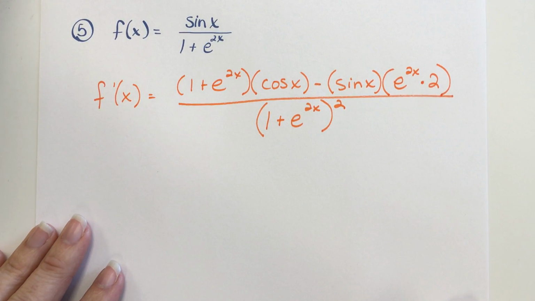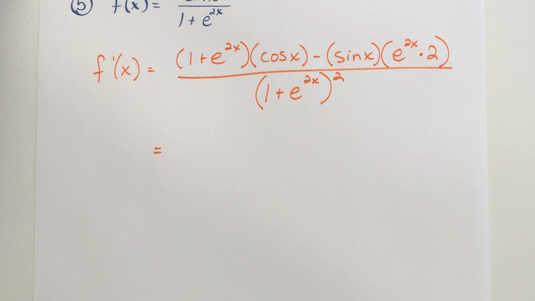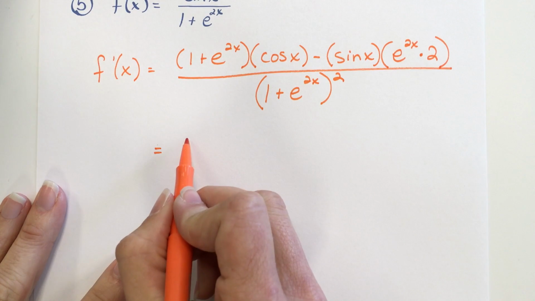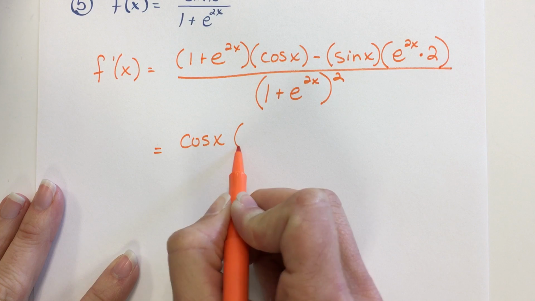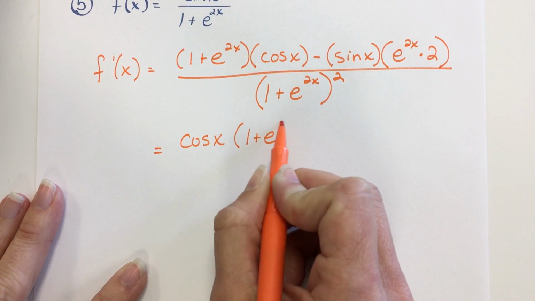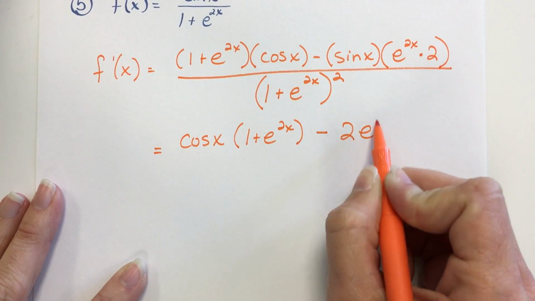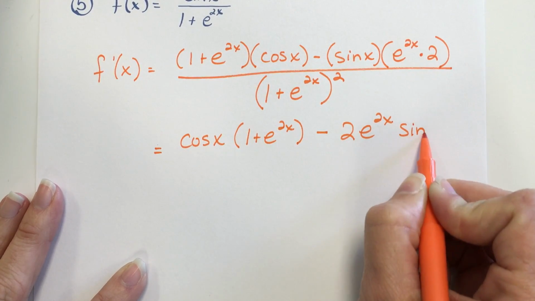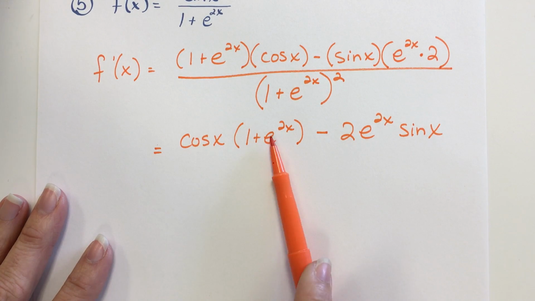Okay, you actually don't have any common factors here, just kind of writing it a little bit neater. So I'm just going to say that I have the cosine x times 1 plus e to the 2x minus 2e to the 2x times sine x. Now, it doesn't matter which of these two you write first.